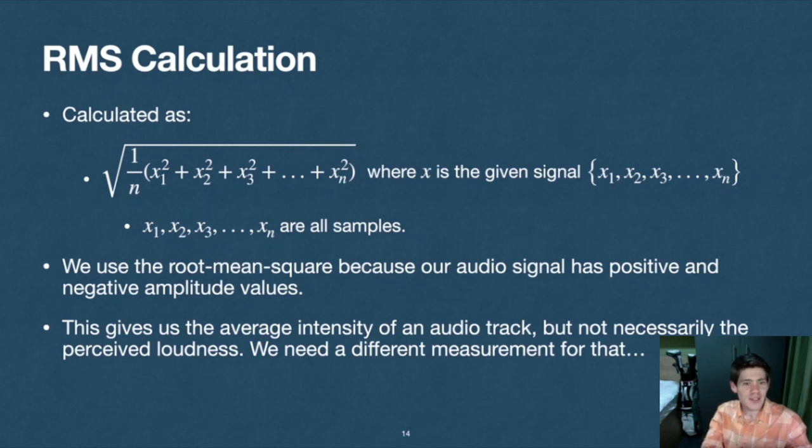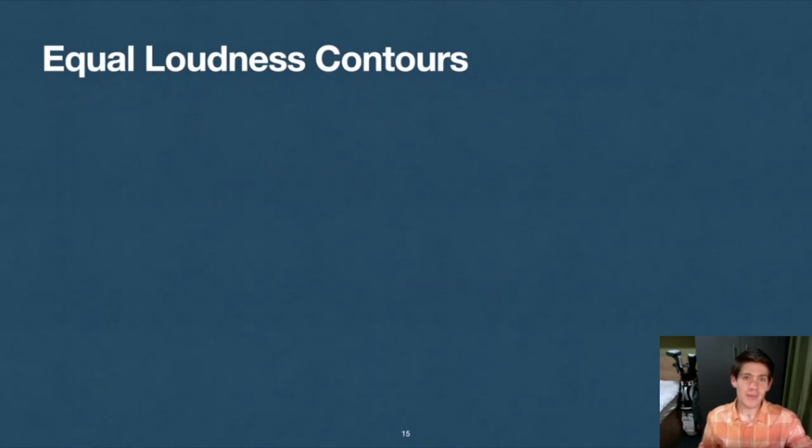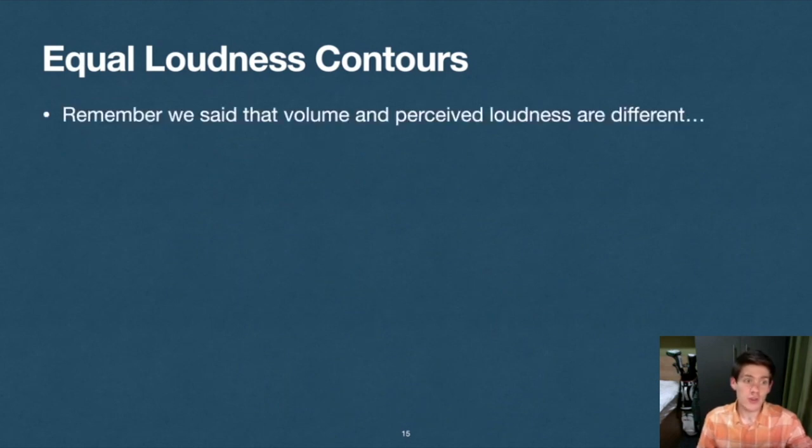So RMS gives us the average intensity, but it doesn't necessarily give us the perceived loudness. For that, we need to take a few extra measures. The extra measure that we take to measure perceived loudness is to essentially apply knowledge of loudness contours.